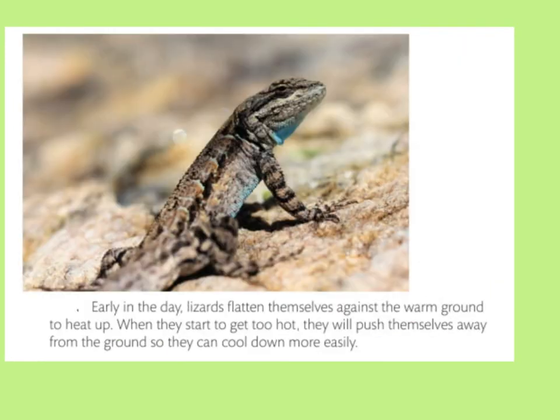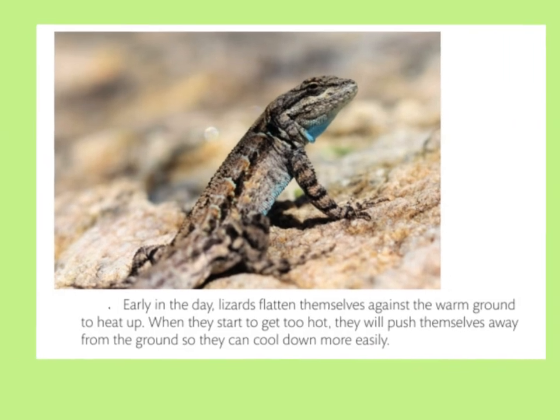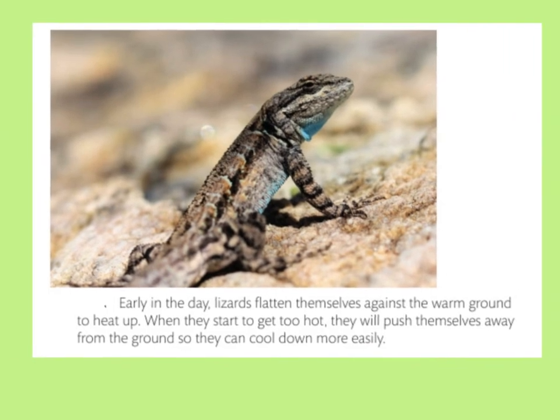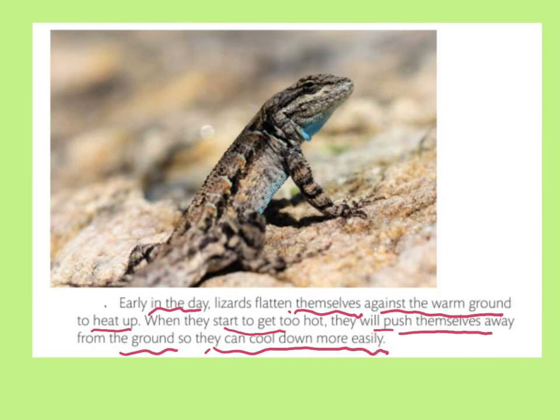Looking here at the lizard, early in the day, which means in the early morning, they flatten themselves against warm ground to heat up in order to gain heat. And when they start to get too hot, like at midday, they push themselves away from the ground so they can cool themselves down more easily.